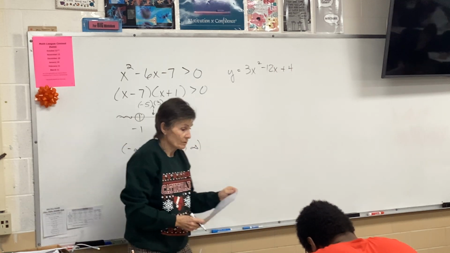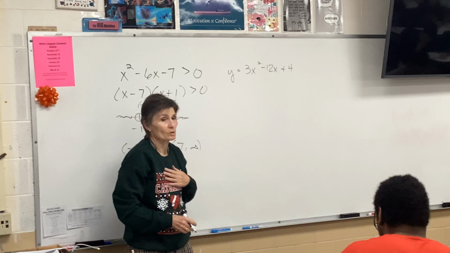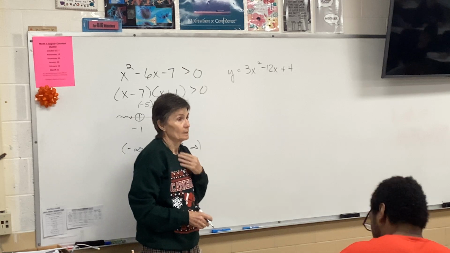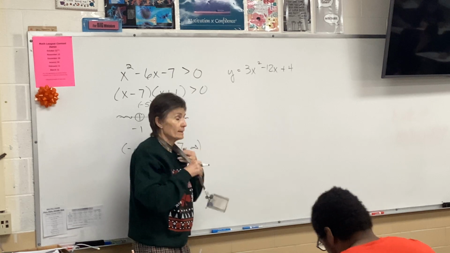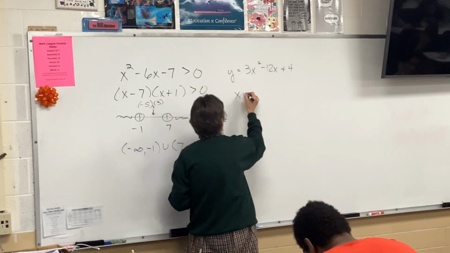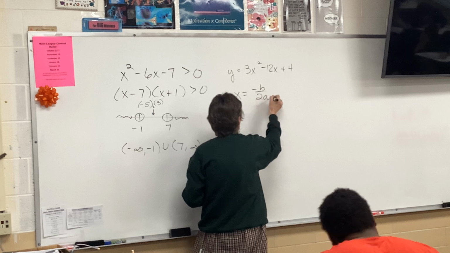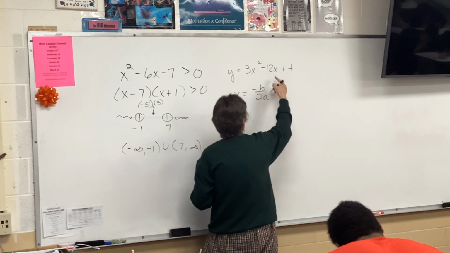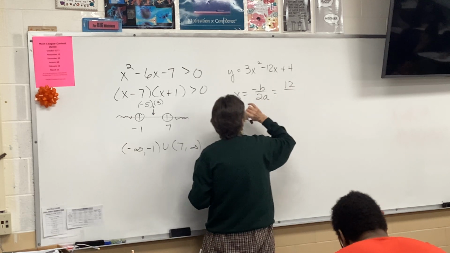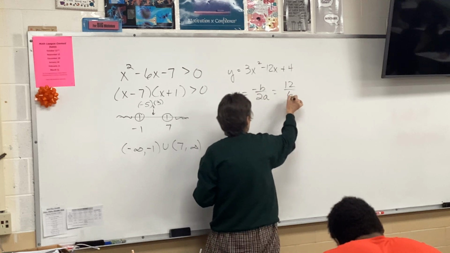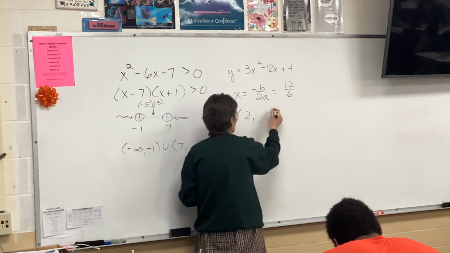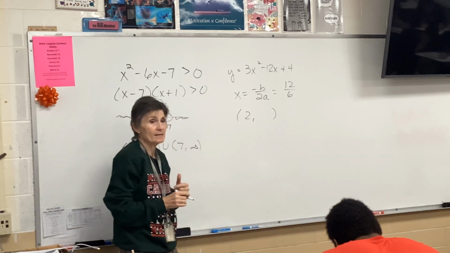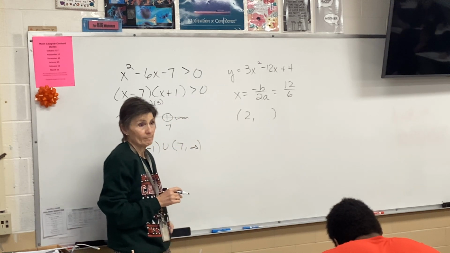How do we find the vertex of a parabola? I think this was on the mini review. Minus b over 2a, yep. So for this problem, that will be positive 12 over 6, which is 2. And that is the x coordinate.